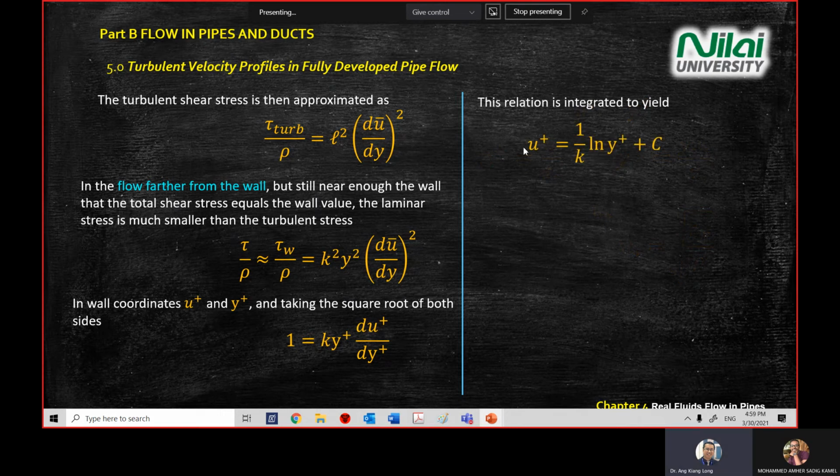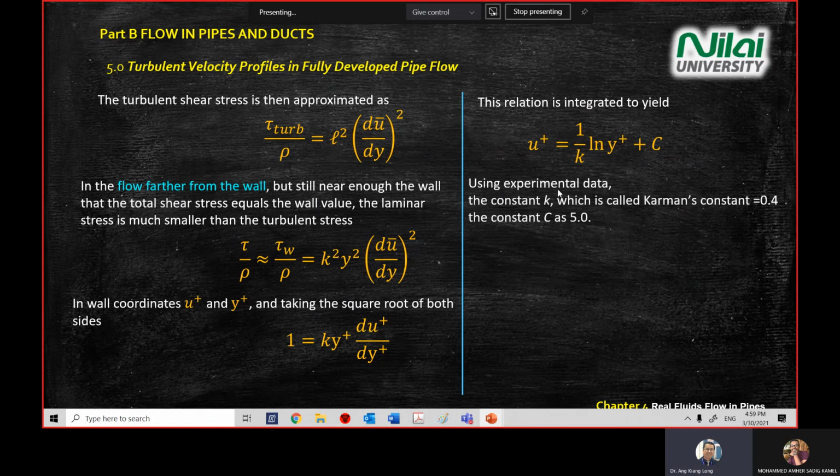Then you have an equation between y plus and u plus: u plus equals 1 over k, ln y plus, plus c, because if you continue with this equation and integrate with y, you will get this equation.